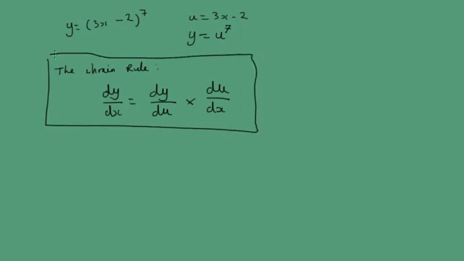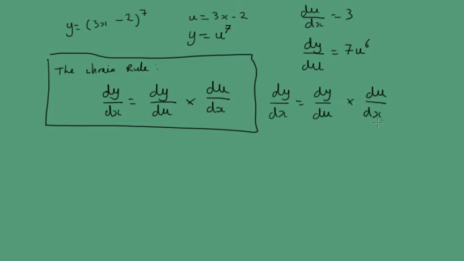So with our example here, if we now differentiate u, du by dx is going to equal 3. And dy by du is going to equal 7u to the power 6. And the chain rule states that dy by dx will be dy by du multiplied by du by dx.